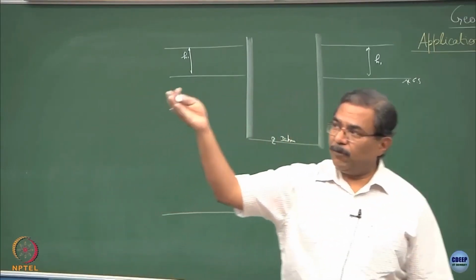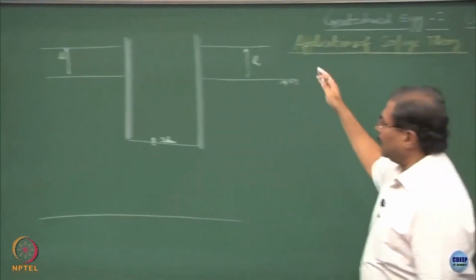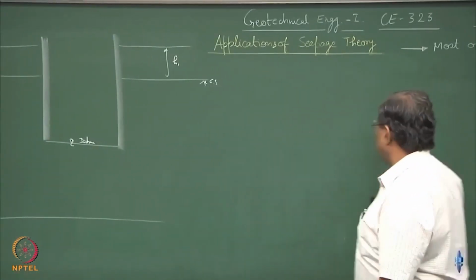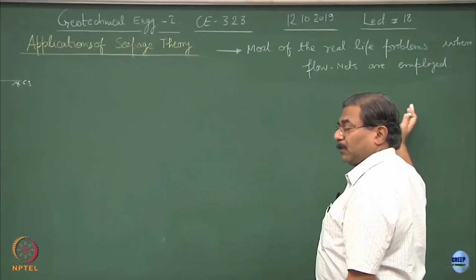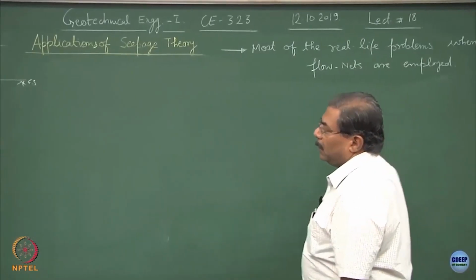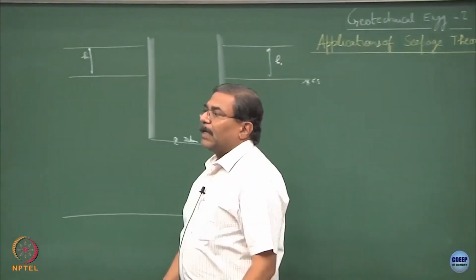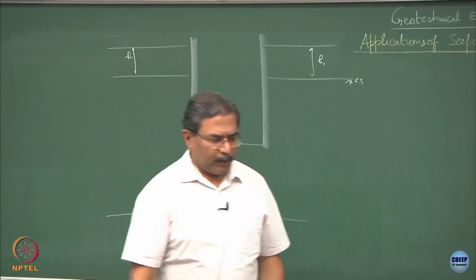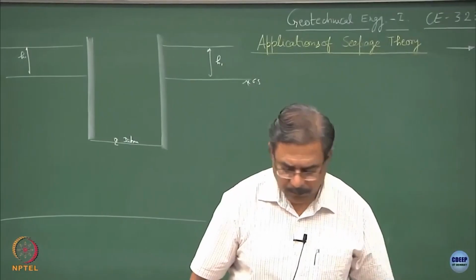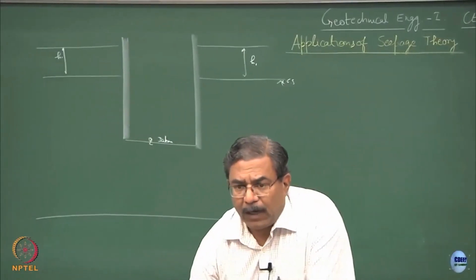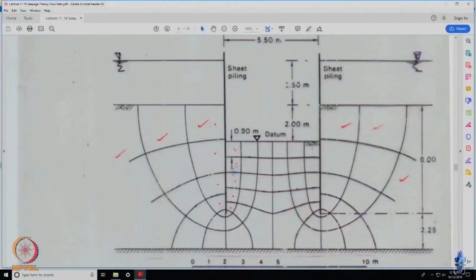Having established the flow net by one of the methods, either numerically or graphically using the teledeltas paper, you can draw the flow nets and then start analyzing it. When you analyze, we have to count the number of drops and the number of flow lines.